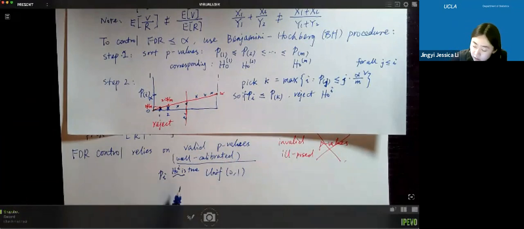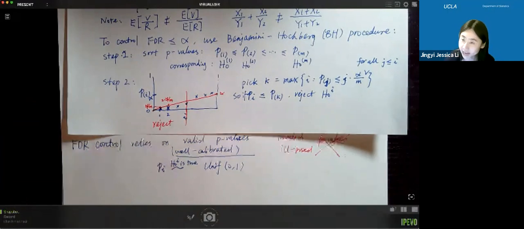This can also make you realize that the p-value is actually a random variable. It's not a fixed constant. Why is that?